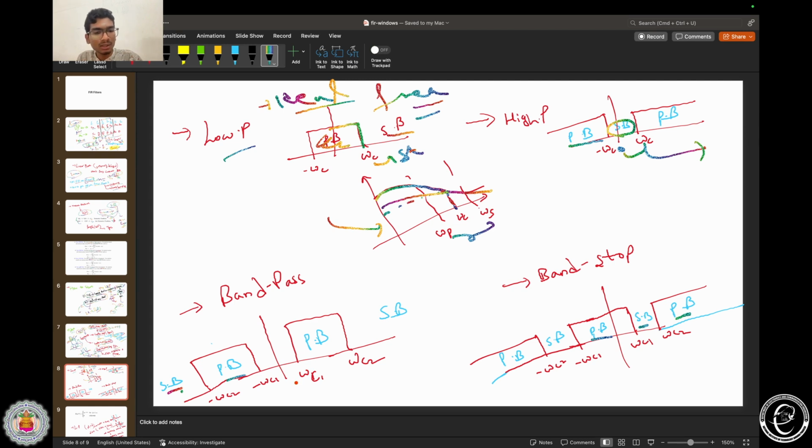Similarly, in the band pass, till omega c1 it will stop, in between omega c1 and omega c2 it will pass, and after omega c2 it will stop. This is the reverse in the case of band stop: till omega c1 it will pass, between omega c1 and omega c2 it will stop, and after omega c2 again it will pass. So you should understand this clearly before getting into the simulation part.